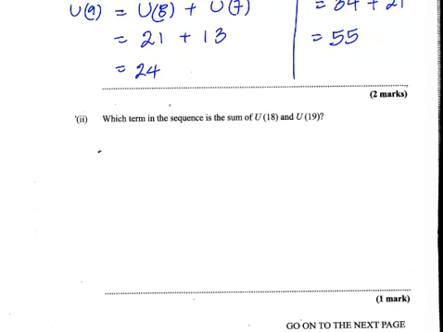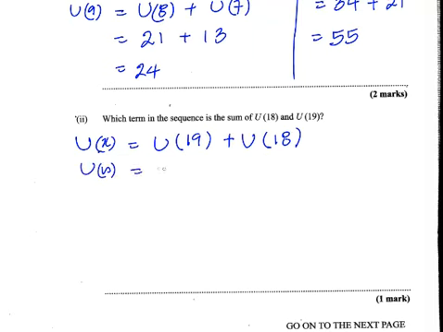Alright, so I don't know what the term is, so let's say it's ux, the xth term, is equal to the sum of the 19th and the 18th term. Alright, but un is equal to un minus 1 plus un minus 2.